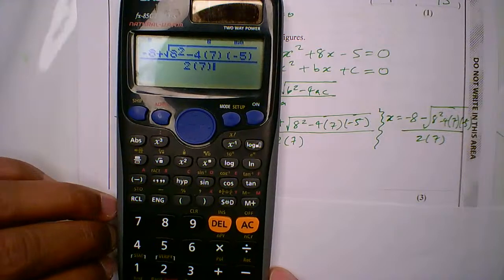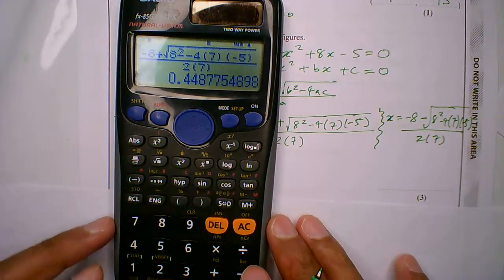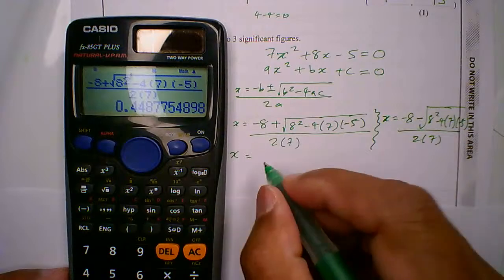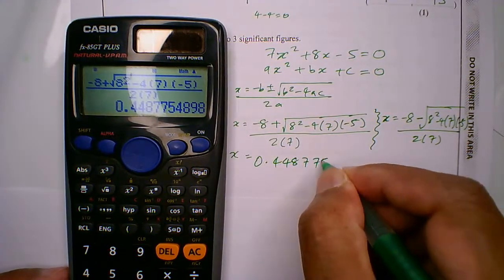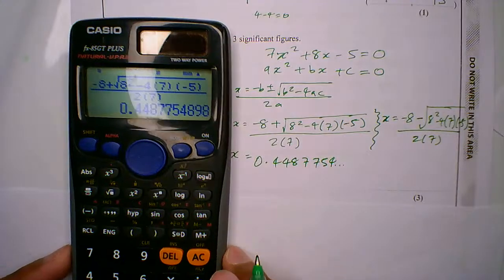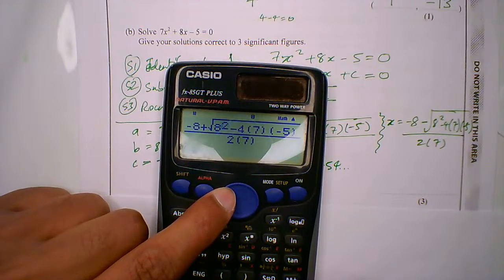So double check everything is correct, and then press the SD button, change it to 0.448775... That's enough. Then I can go back and I can change the plus to a minus now.